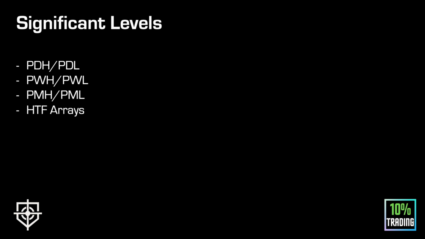And if the month is closing and we are close to one or the other, I will mark out my previous monthly high, previous monthly low. In some cases, it is possible to also mark out your previous yearly low or yearly high. It's very rare, but I have seen people do it.